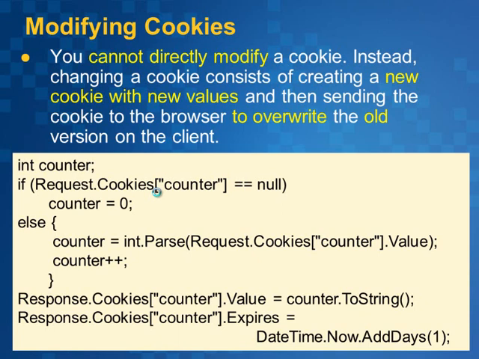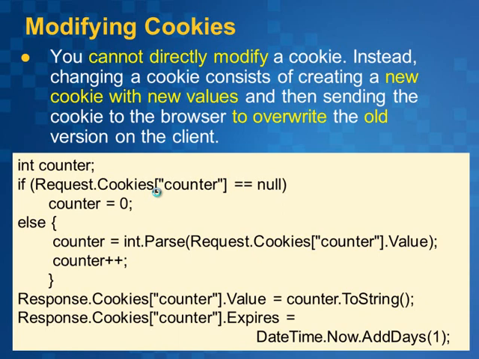So this is how you are modifying it. You are not taking some value of the cookie and changing it directly. If you want to change the value of a cookie, read the cookie, recreate a new cookie with the same name but with some different values inside it, and send it back to the client. The client will automatically update it.